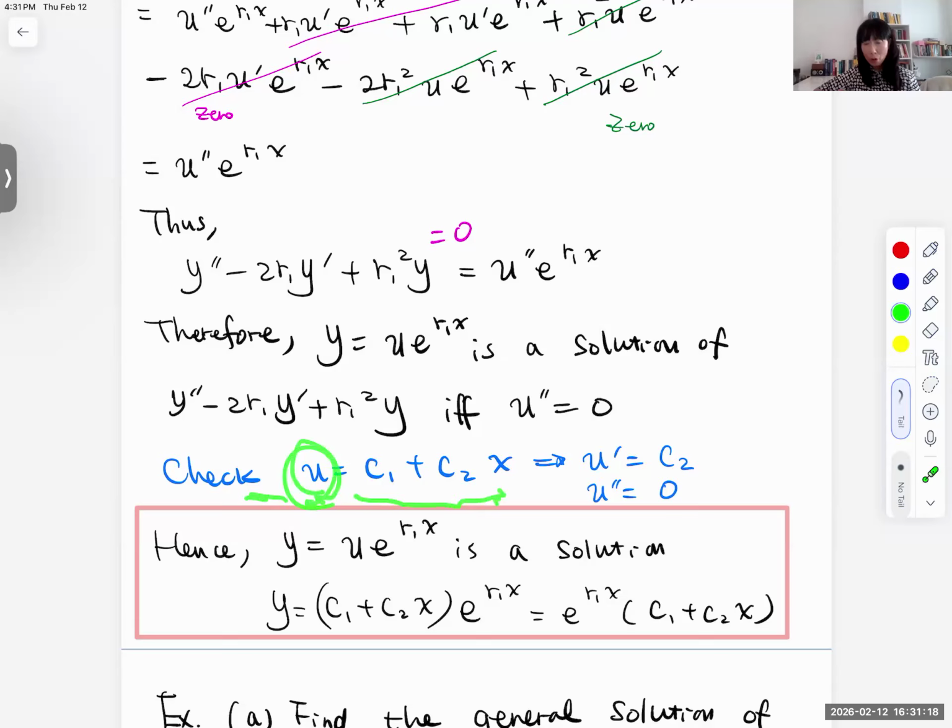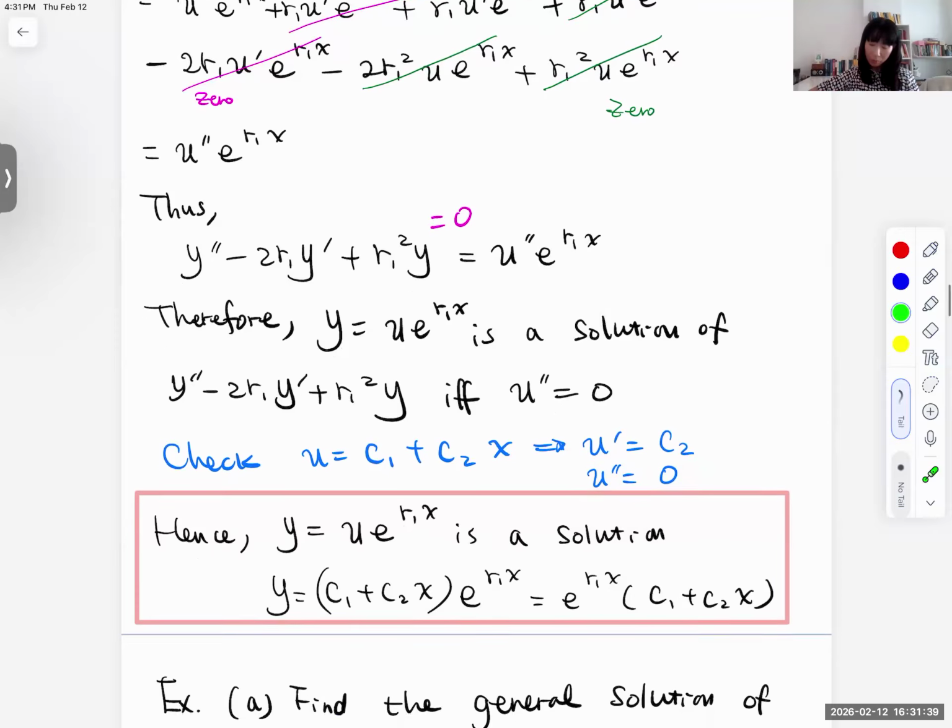Then u prime will be, first term is 0, second term is c sub 2, right? We take the derivative, and if we have u prime, we want to make u second prime constant, so it's 0, right?